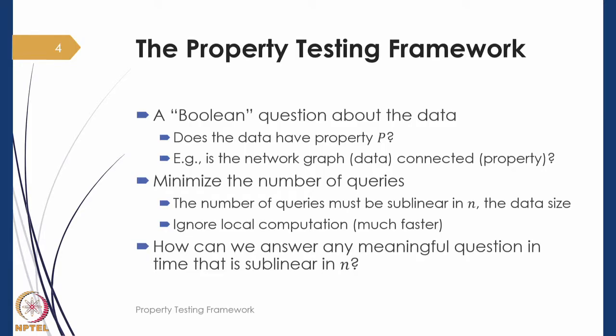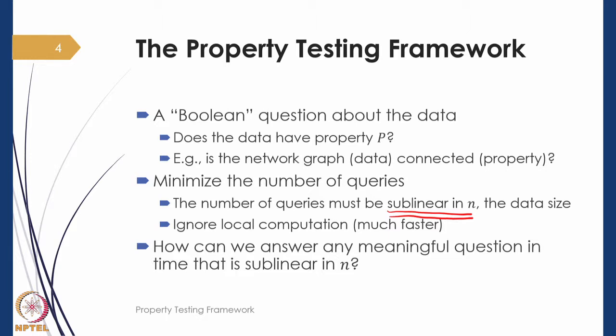And in particular, in the property testing framework, we are interested in trying to answer the Boolean question with very few queries. In particular, we want to answer the Boolean question using only queries that are sublinear in n.